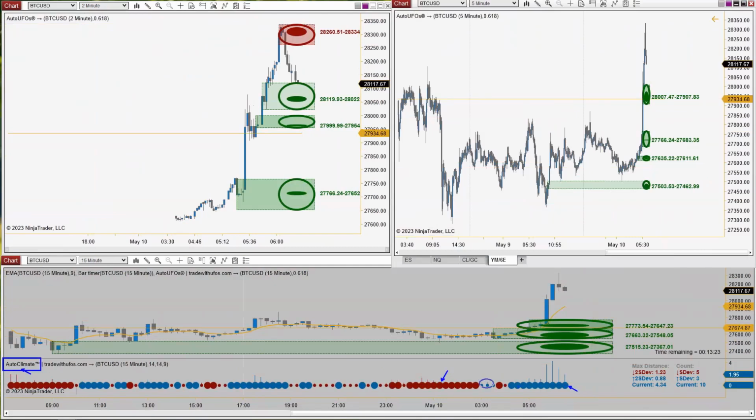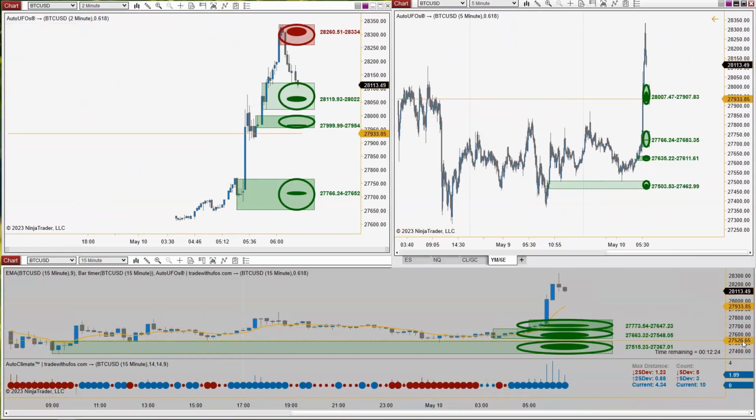And it's unconfirmed when it's a thin dot. Any one of these thin dots means it's unconfirmed. So we have no additional probabilities in our favor when trading in an unconfirmed climate. We do have additional probabilities in our favor when we're trading in a confirmed climate, whether it's up or down, or whether it's a sapphire or a ruby dot, which again, sapphire indicating an up climate, ruby indicating a down climate.